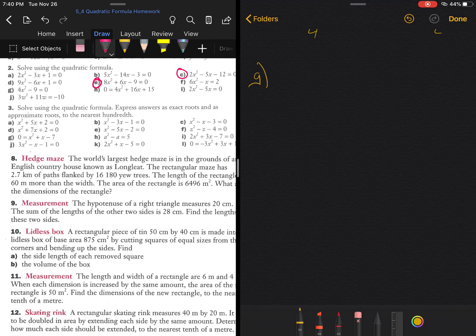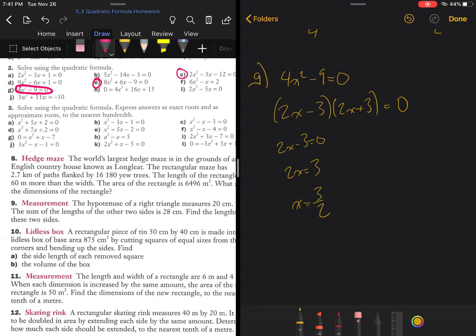We're on E. Last question assigned, G. And G is basically 4x squared minus 9 equals 0. And we have to use the quadratic formula for this, even though we know that's a difference of squares: 2x minus 3, 2x plus 3.